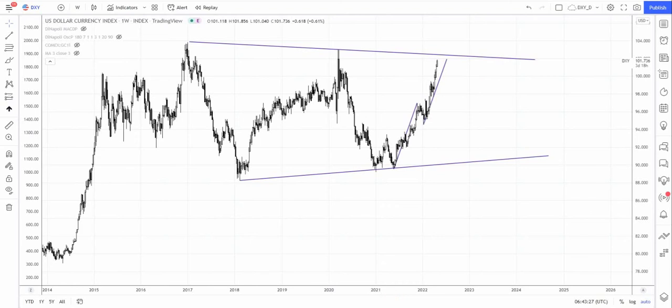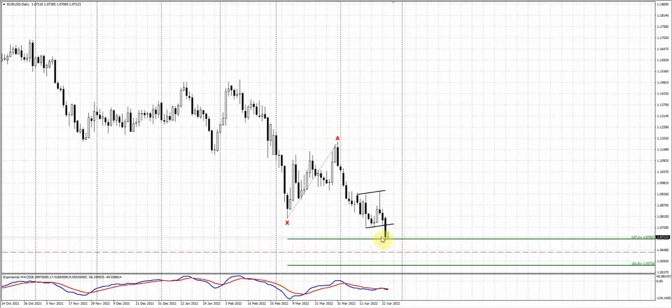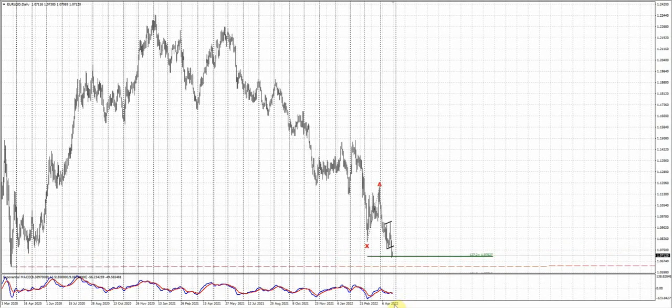In the same manner, the euro currency could keep going lower and hit 106.30, or actually the 161 extension at 105.70. That could happen especially because of probable stop triggering right here.